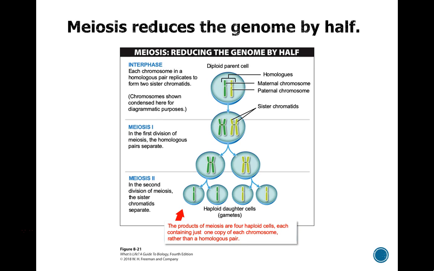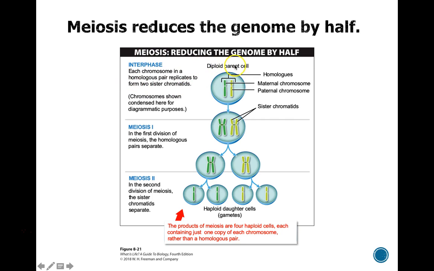So this diagram explains the overall process of meiosis and shows us how the genome is actually reduced by half. We will go through the specific steps of each of these in just a minute, but let's talk about what happens in preparation for meiosis. So just like mitosis, our cells are going to be in interphase.